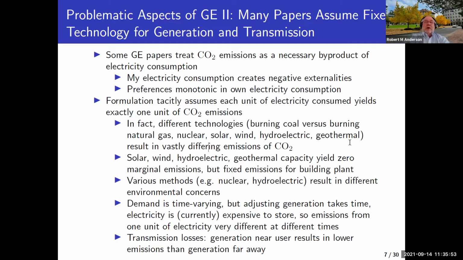Transmission losses: where the electricity is generated affects the emissions, because I have to generate more if I generate it far away from where it's used. So this is a complicated market, and I can't really reduce the thing that contributes to global warming, the CO2 emissions, simply to being a fixed function of my energy use.